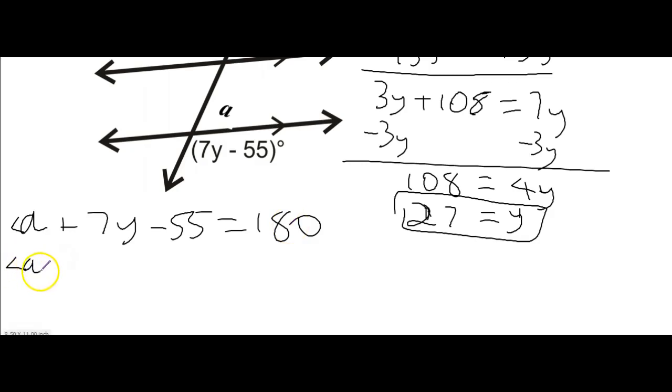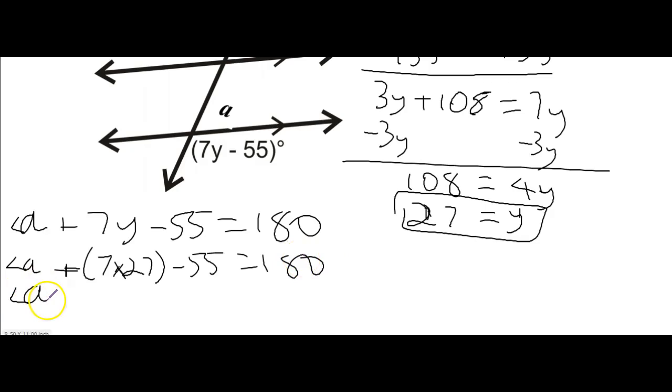So we solve for A, and since we already know y now, we can put 7 times 27, and then subtract 55. Angle A plus, if we multiply that, 7 times 27 should be 189. Then subtract 55.